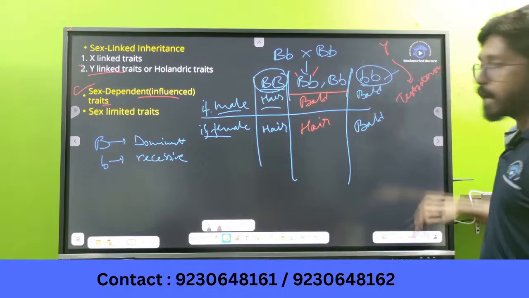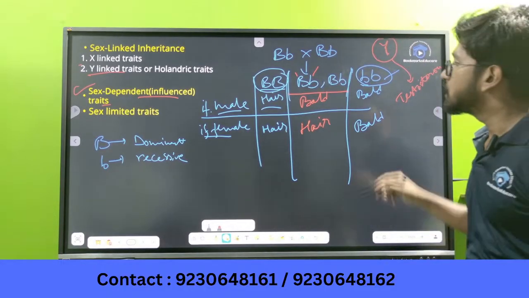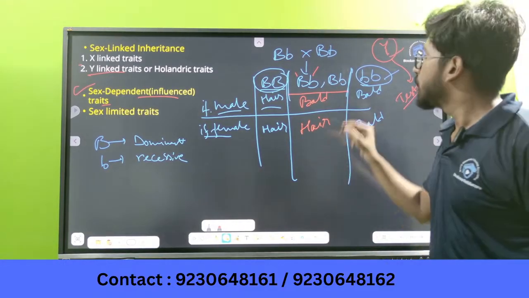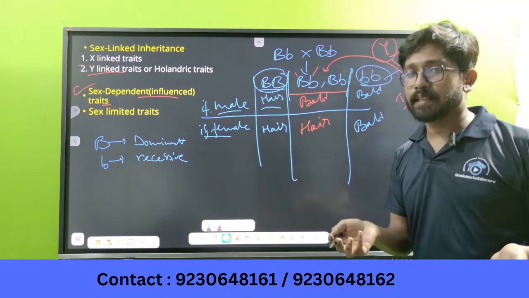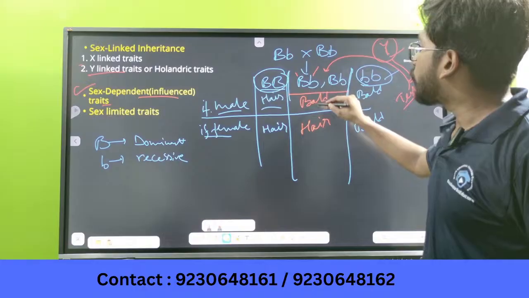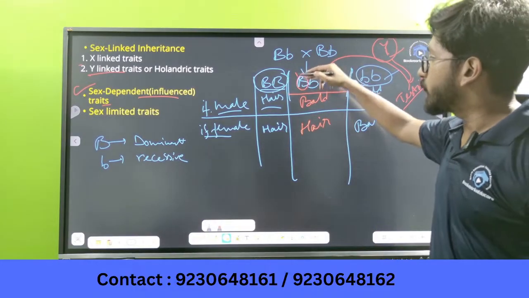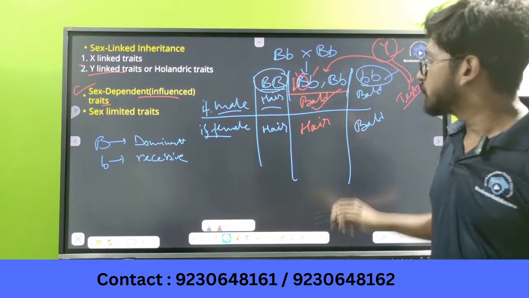Whether you have testosterone or not is determined by the presence of Y, right? Now, if Y is present, as in testosterone is present, it will influence these heterozygous characteristics, and for male the capital B or the dominant character will be suppressed, and you will get bald males.